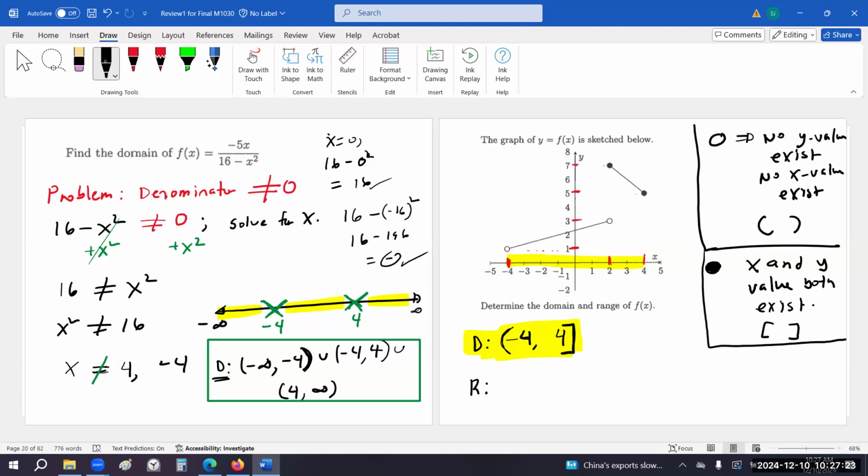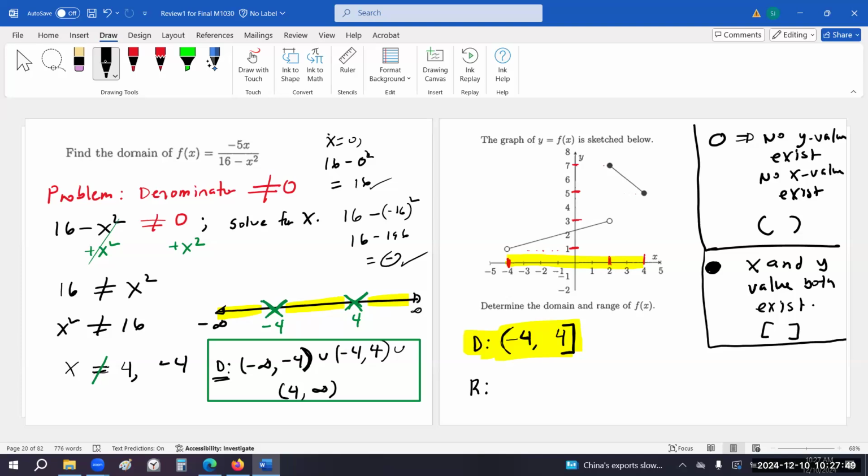So for this piece, our y values are from 1 to 3, right? For the lower piece, this is the y value we are using. And then suddenly we have to jump to get to this piece. For this piece, our y value starts from 5, and then we continue going until 7.